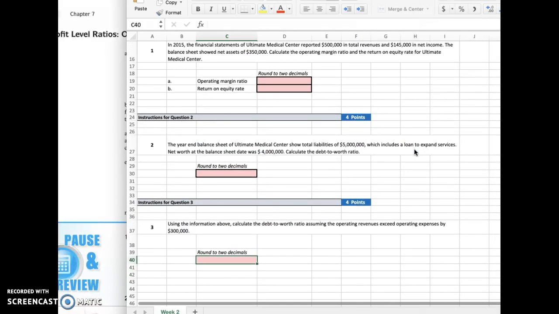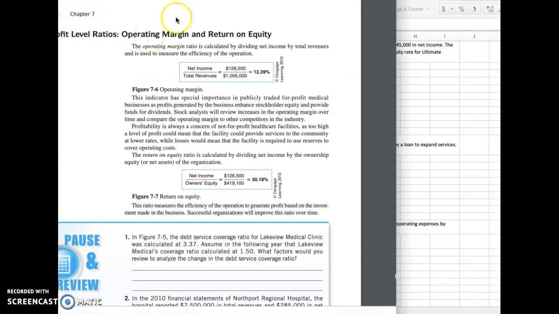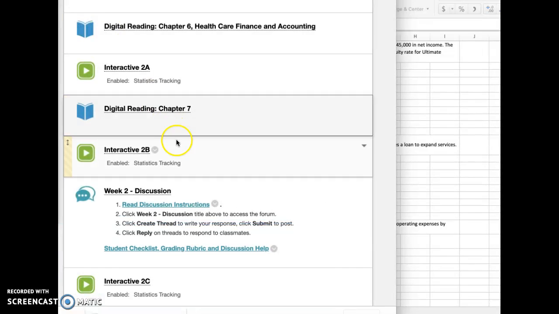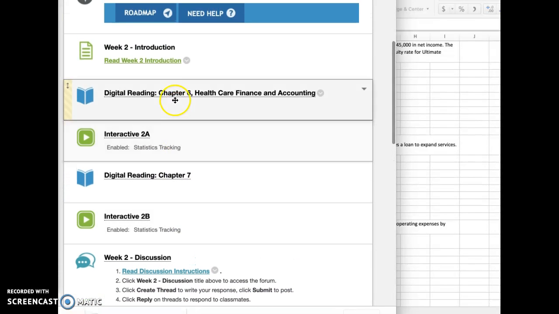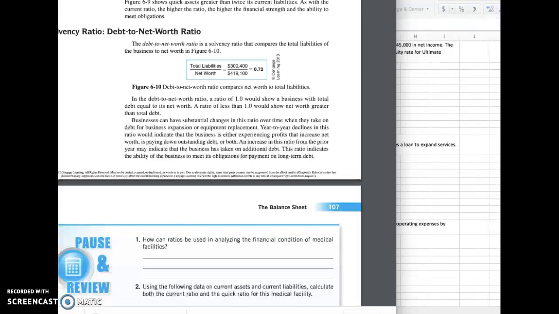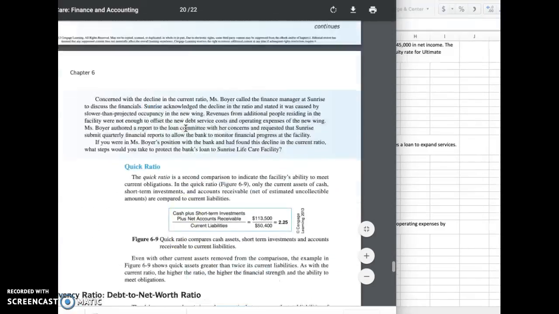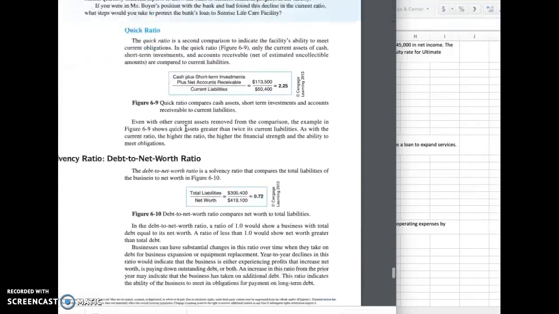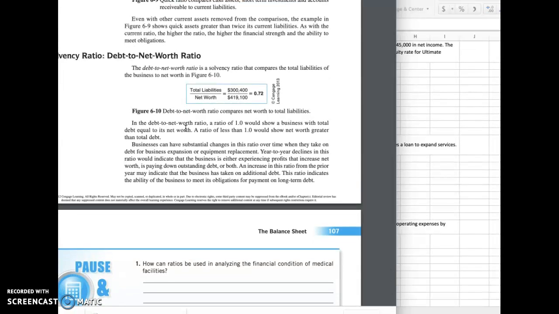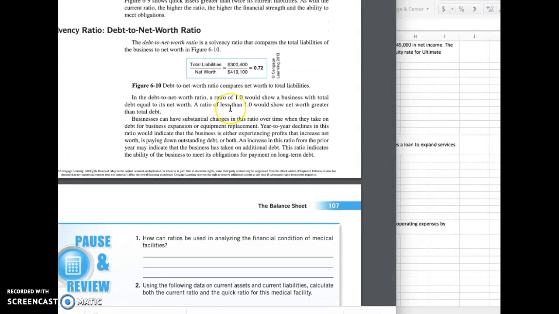Then if you scroll down, the next two questions ask you to calculate the debt to worth ratio. You can find that information under chapter 6 of the weekly readings for week 2. If you click on that link, it will open up and you'll have to scroll down to page 106, and that gives you the equation for the debt to worth ratio, which is the total liabilities divided by the net worth.